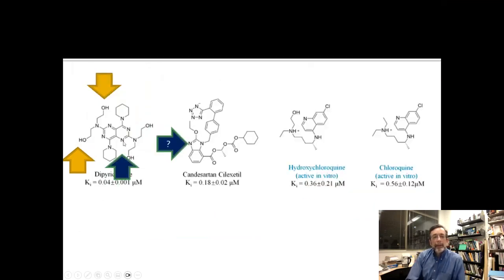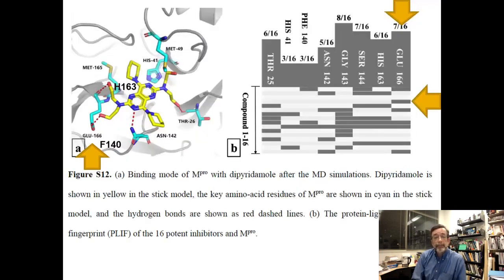And so we're going to be looking for something like that with the candesartan cilexetil. We're going to be looking for something like this: a nitrogen on a ring in the middle of the molecule. Well, maybe that is this right here. We're not sure because they're not telling us all the information. But that's part of the point of this paper. It's what do you do when they're not telling you all the information?